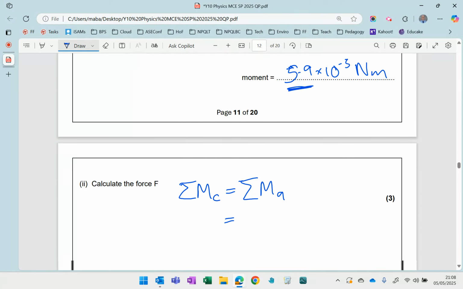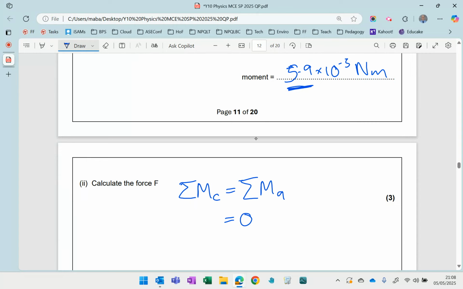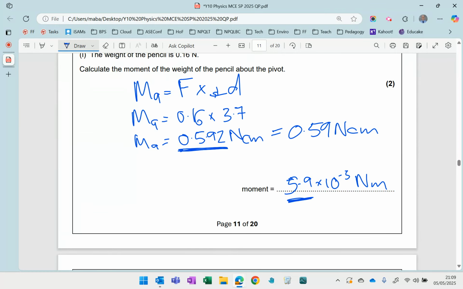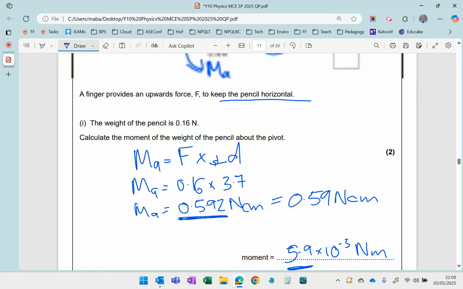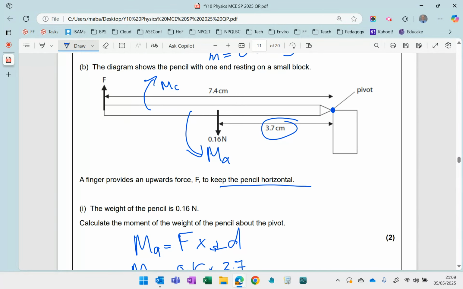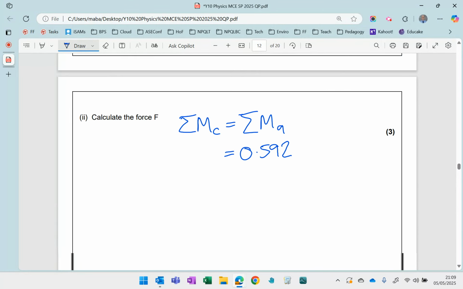But now we're going to use that in a further calculation, and so that we don't get a rounding error, we want to use the full value, which is 0.592 or 5.92 times 10 to the minus 3. And then this is the kind of sneaky bit here.